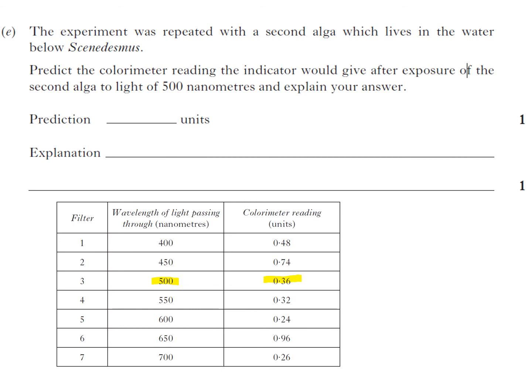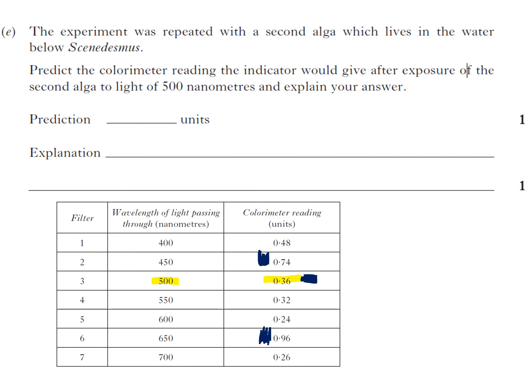Its high readings were up here and here. So the light at 450 and the light at 650 has almost all been used up by the first alga. This one has not all been used up.